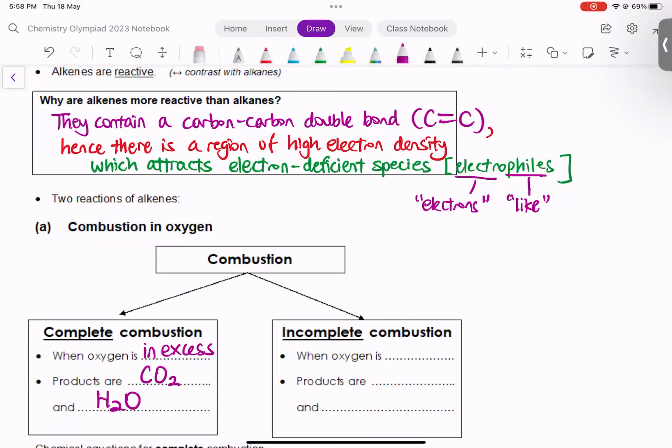Incomplete combustion is when oxygen is limiting. Now, when oxygen is limiting, incomplete combustion occurs, and the products are CO, carbon monoxide, soot, and water, H2O. Okay?